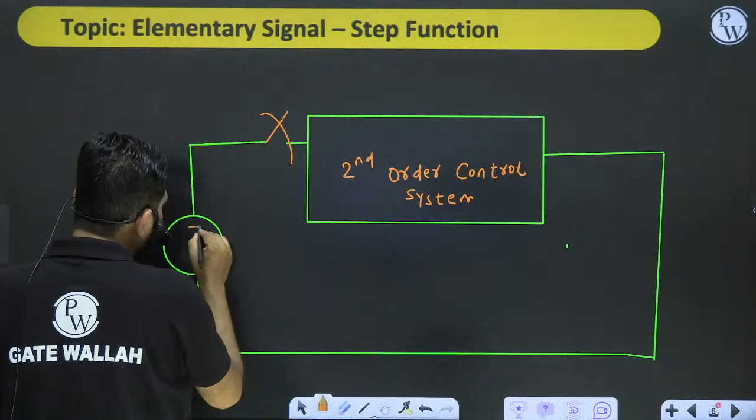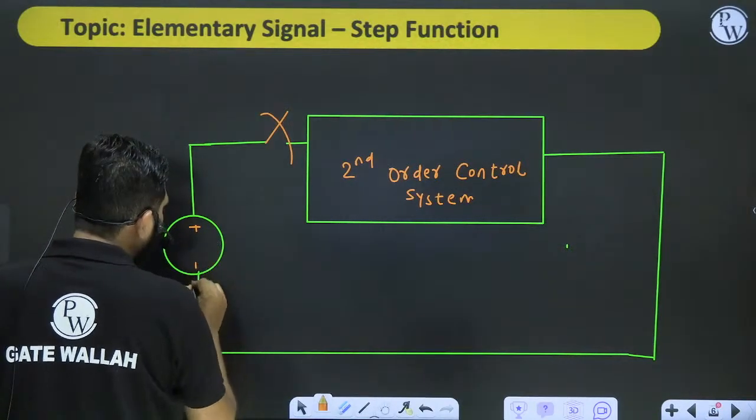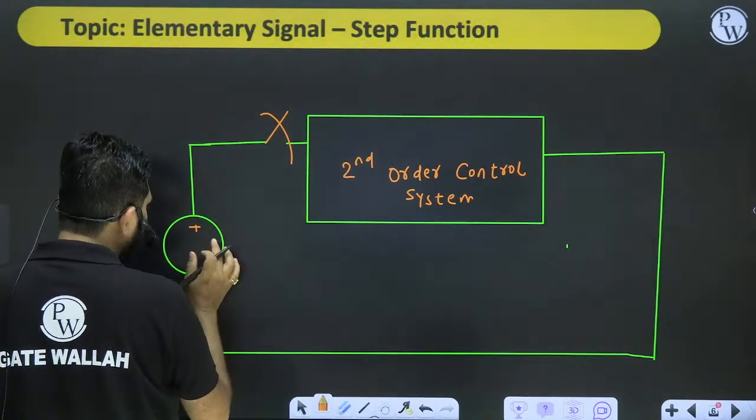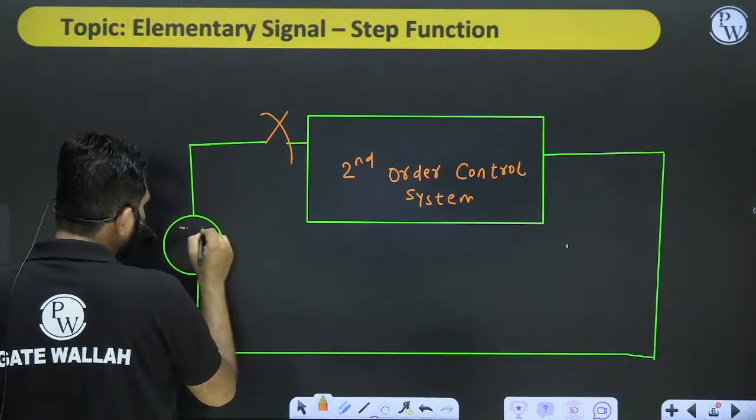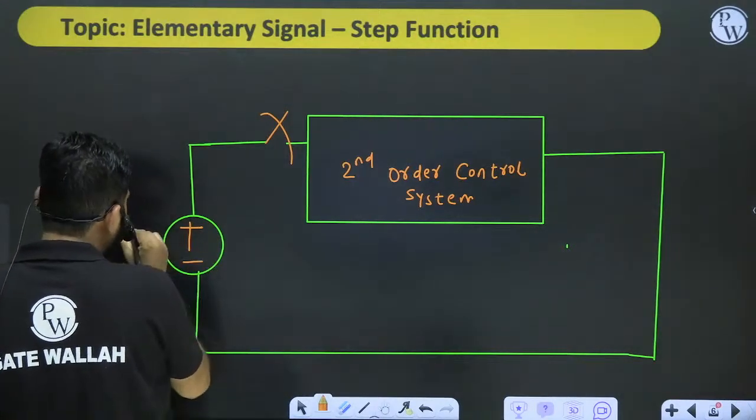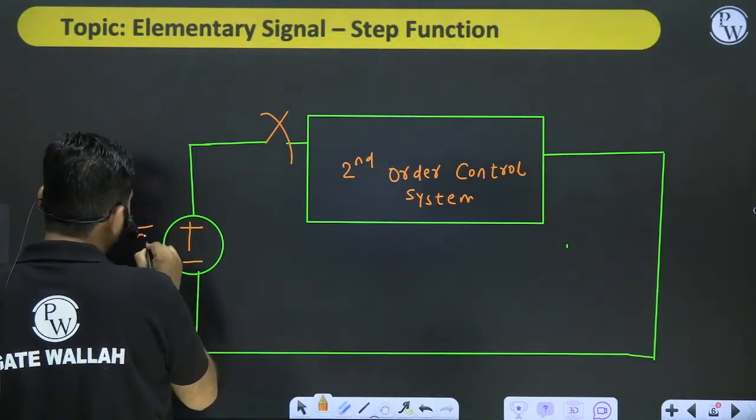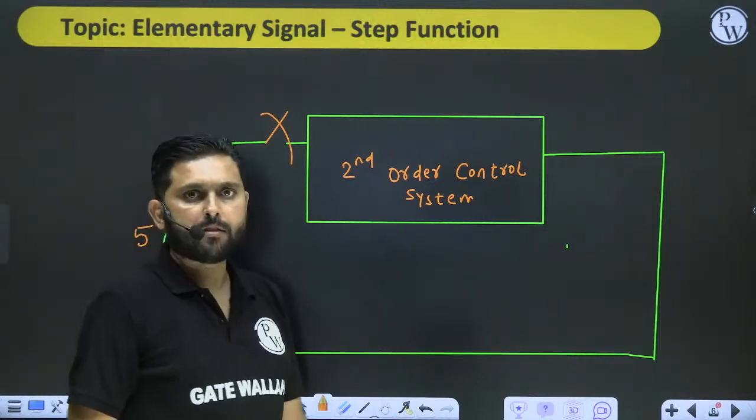Suppose, for example, a voltage source of, let's say, 5 volt is applied across this second order control system.